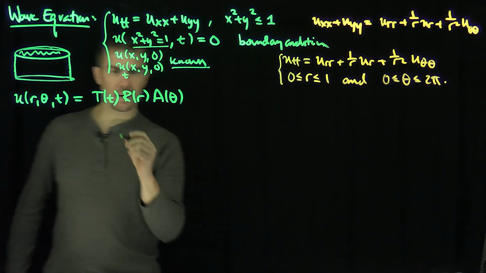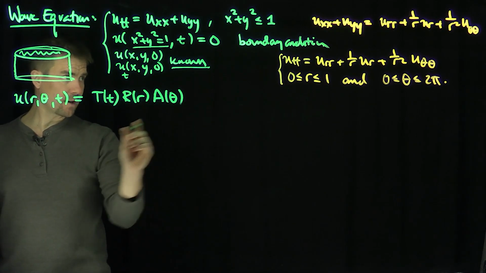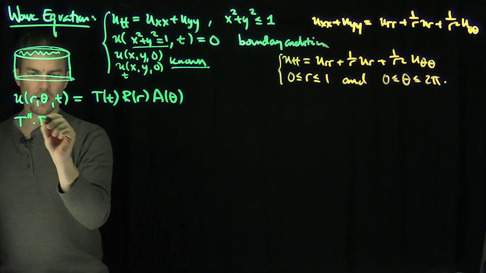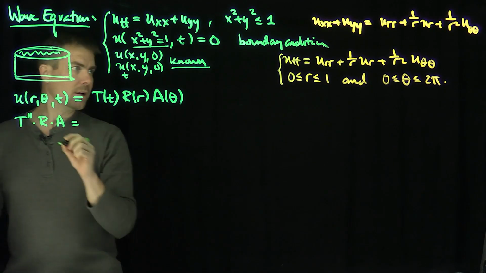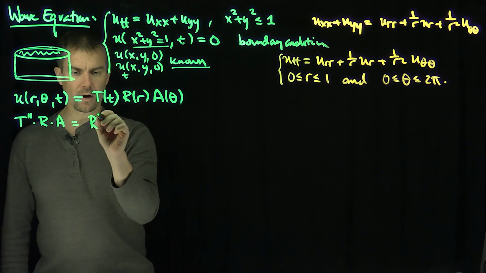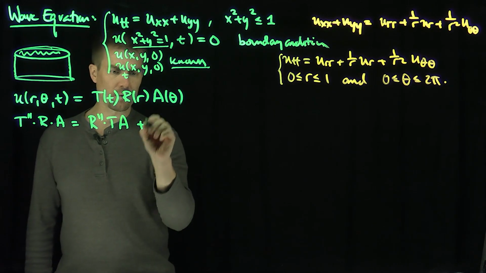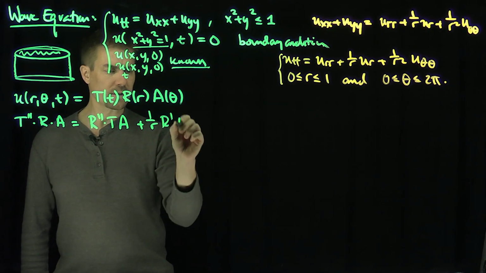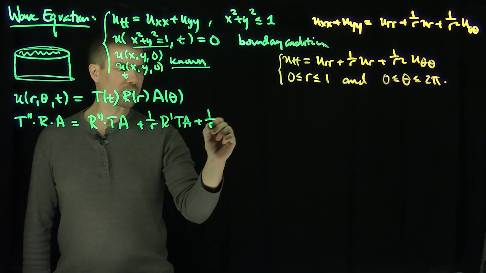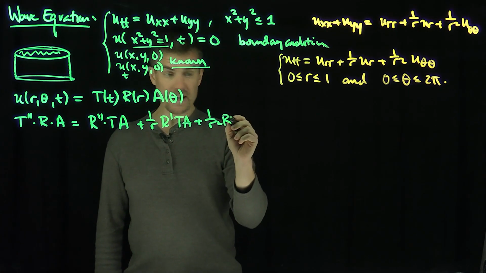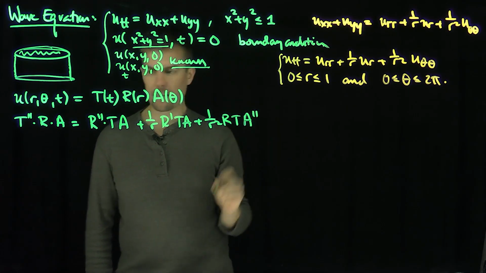When we plug it in, suppressing the independent variables, we have T'' R A equals R'' T A plus 1 over r R' T A plus 1 over r squared R T A''.